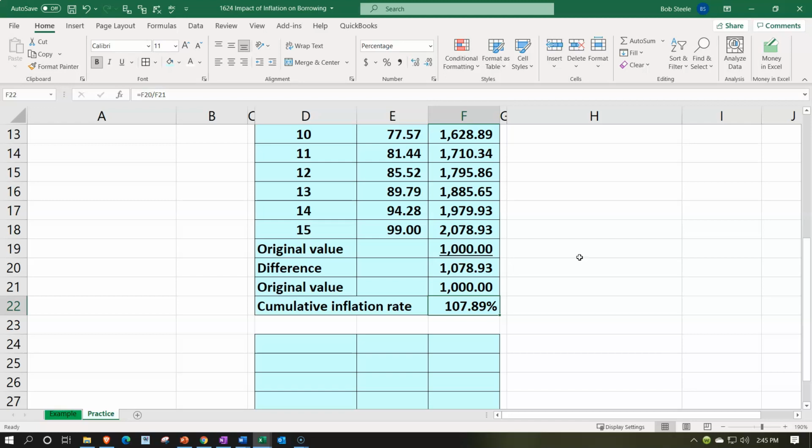Now, you could also think about that. You might say, isn't there an easier way to do that? We could do a future value type of calculation. So you might say, why don't I use a future value formula to do a similar kind of analysis? The future value formula would be negative future value, shift 9.